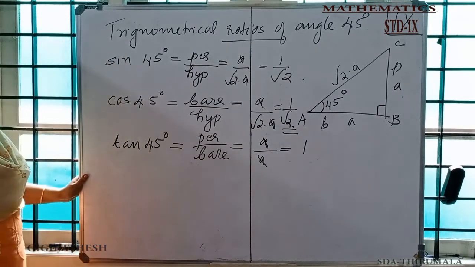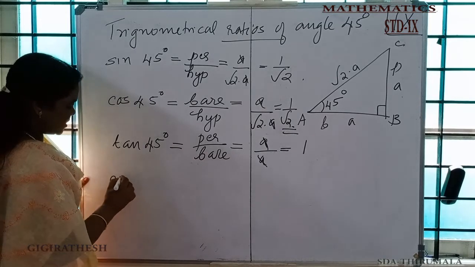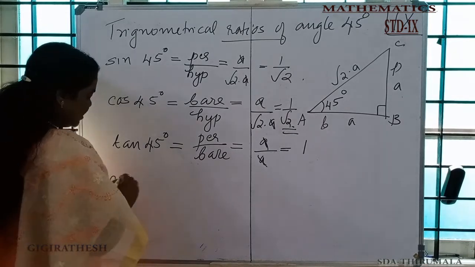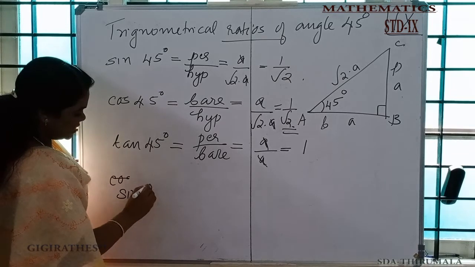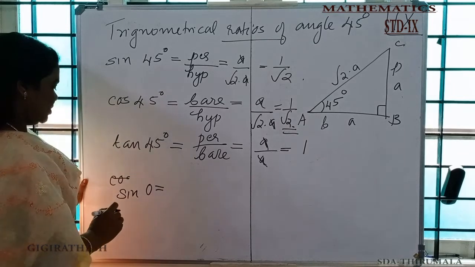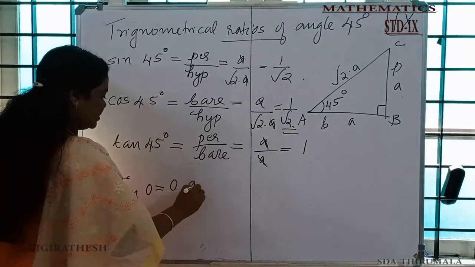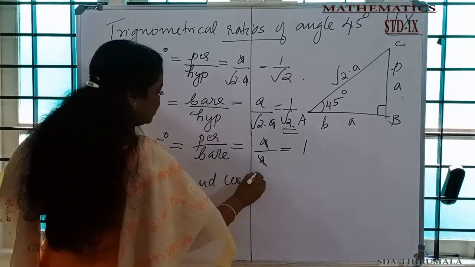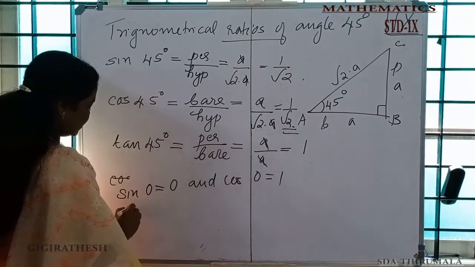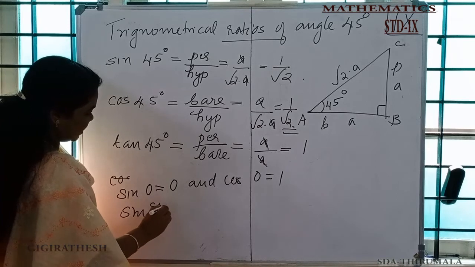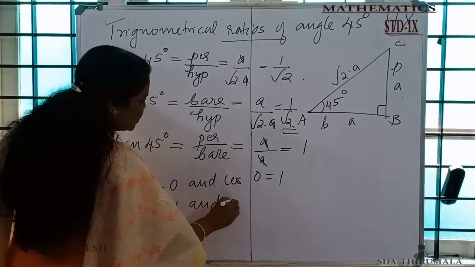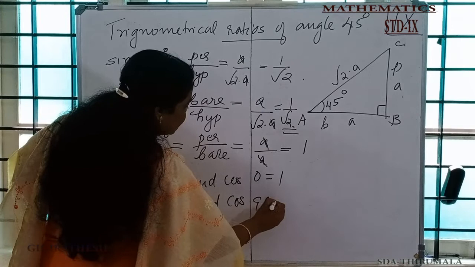Also remember that sin 0 is equal to 0, cos 0 is equal to 1, sin 90 is equal to 1, and cos 90 is equal to 0.